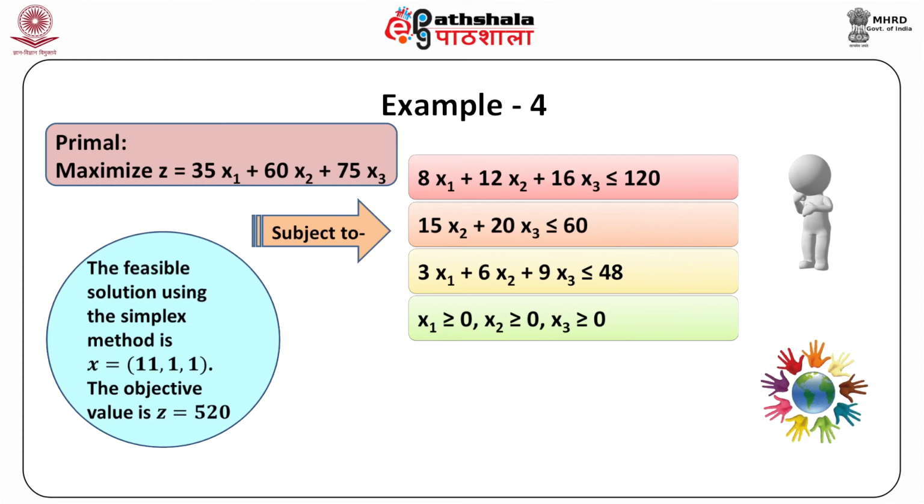The optimal solution using the simplex method is x = (11, 1, 1). The objective value is z = 520.